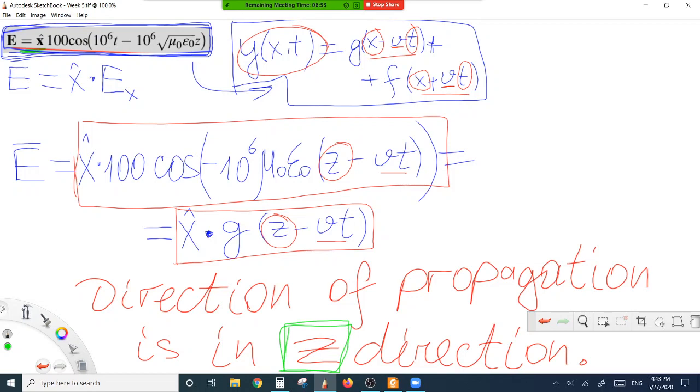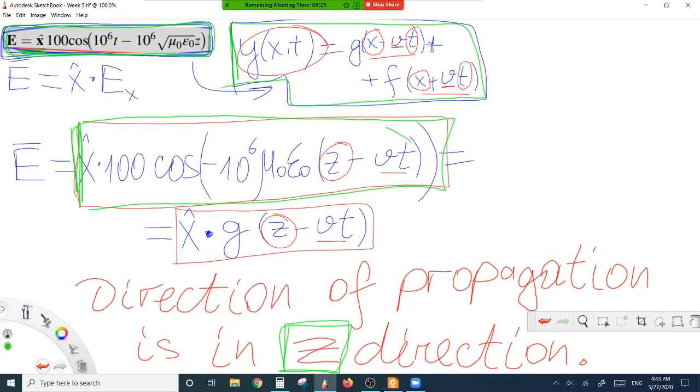So did you understand the logic? First we take our solution and we write it in the same form as the general solution. Here is the general solution, and the arguments show us the direction of propagation and the speed of propagation.